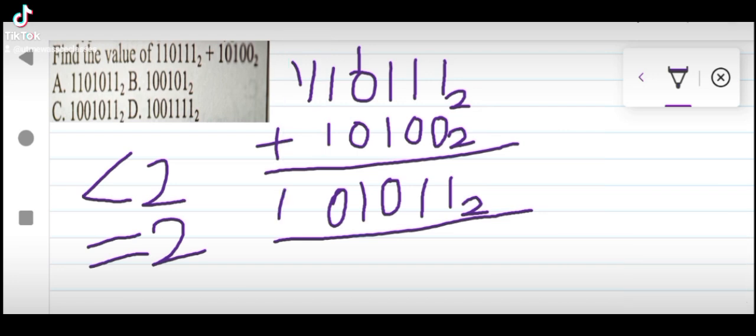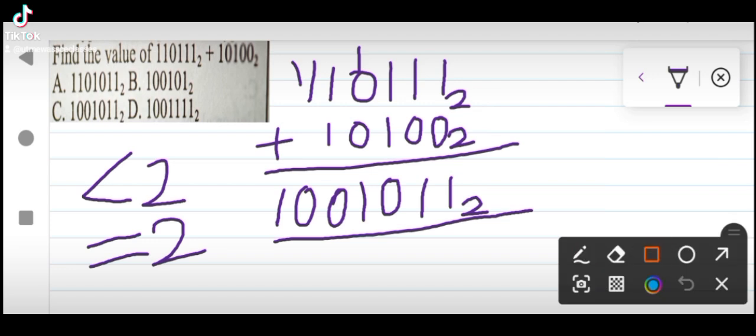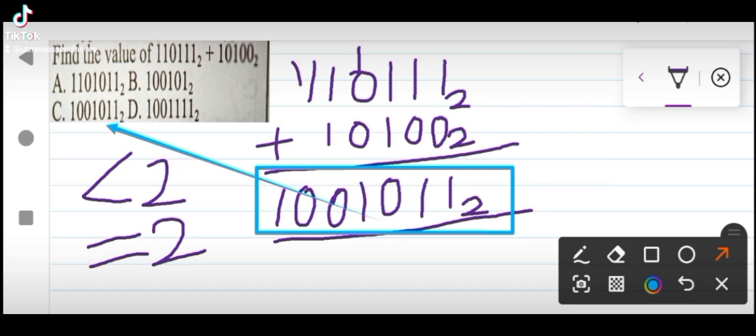So we have 10. And the right answer here is given as 1001011. And you would agree with me that the correct option is C.